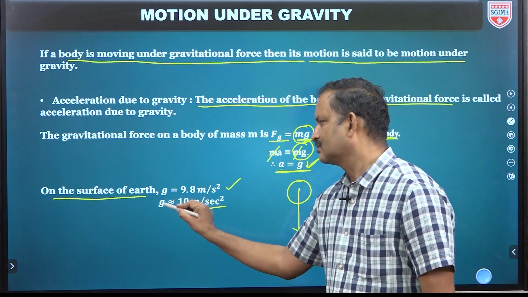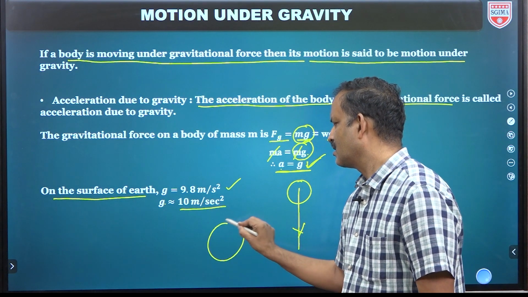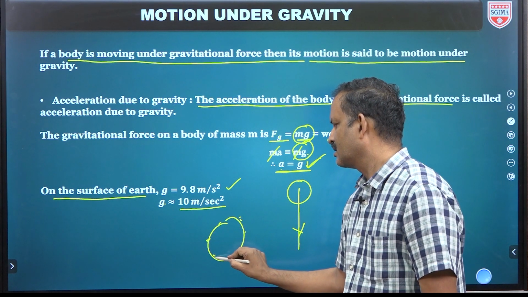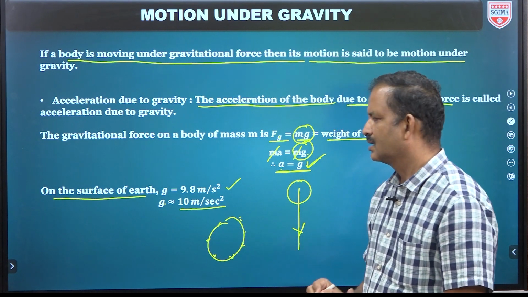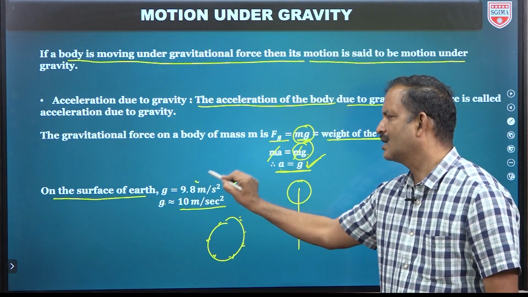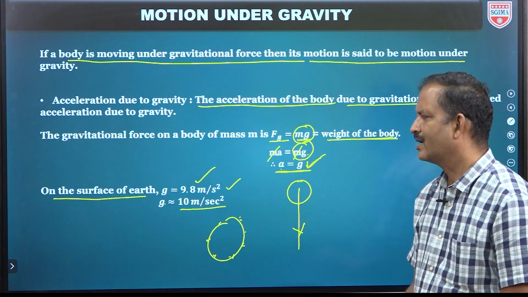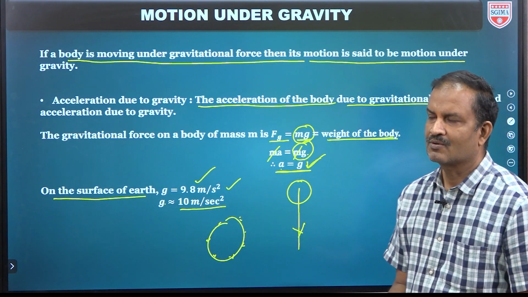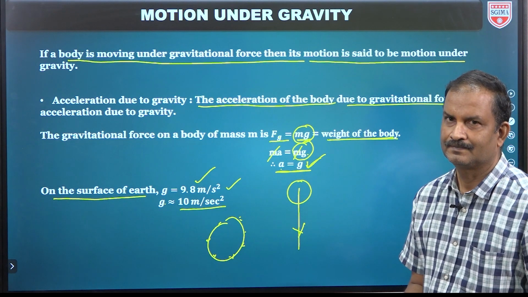At different places there is a different g, so the average value is nearly 9.8 meters per second square. For simple calculations, we take g equal to 10 meters per second square.